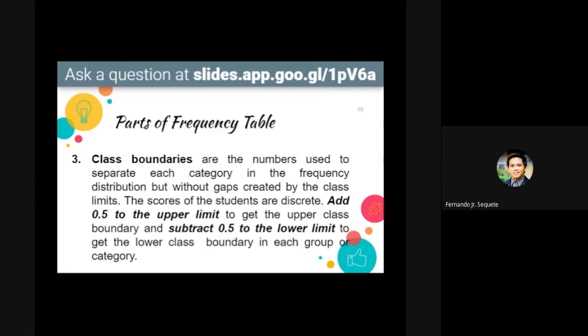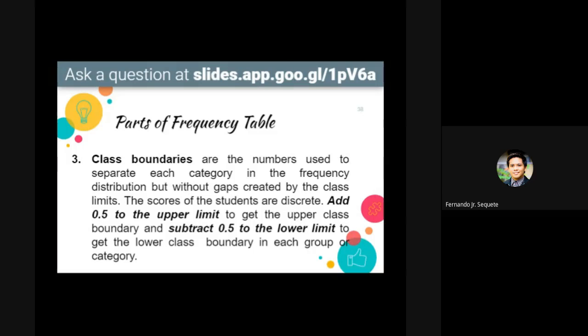And subtract 0.5 from the lower limit, which is on the left side, to get the lower class boundary in each group or category.